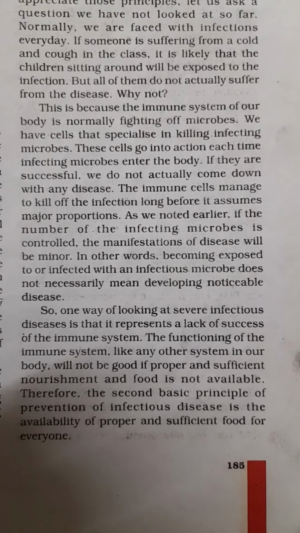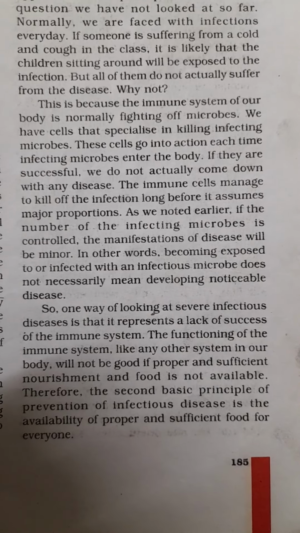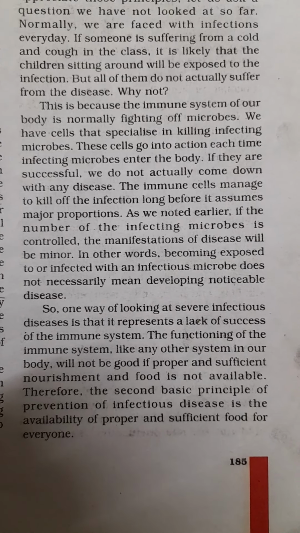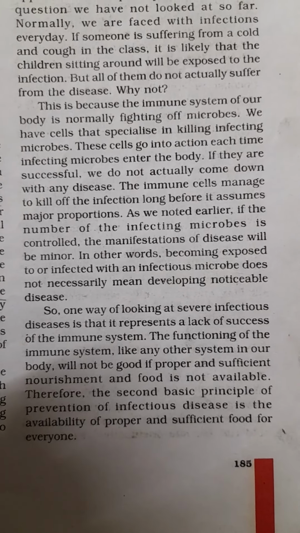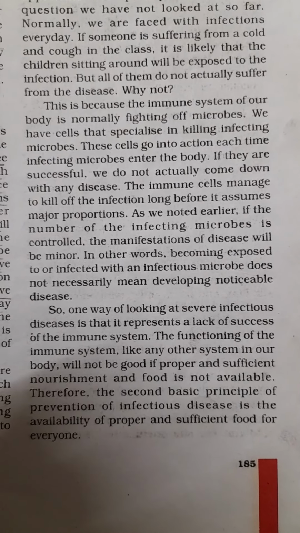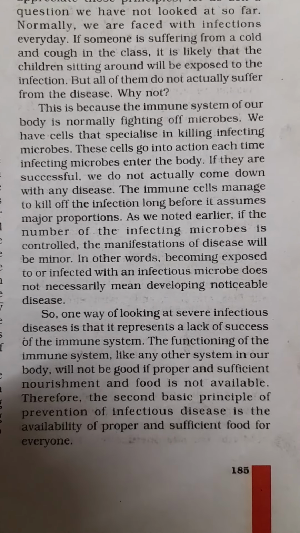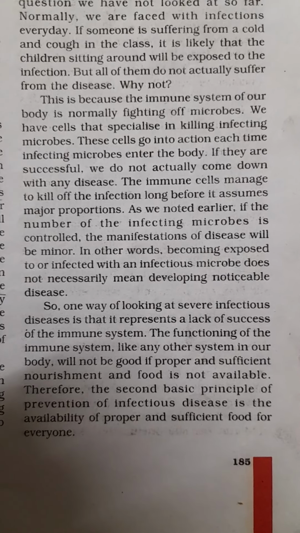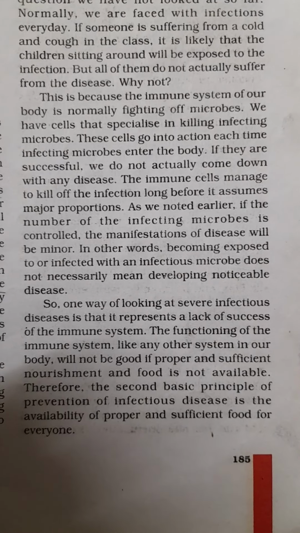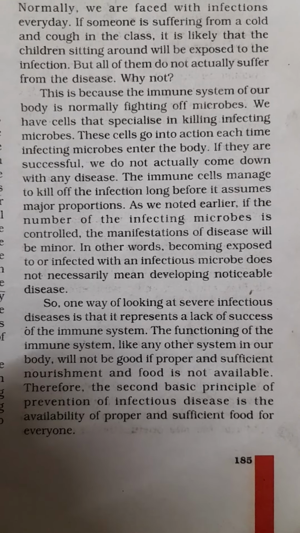So the cells go into action each time microbes enter the body. If they are successful, we do not actually come down with any disease. Some cells such as macrophages engulf the microbes and prevent diseases. So if the number of infecting microbes is controlled, the manifestation of the disease will be minimal.